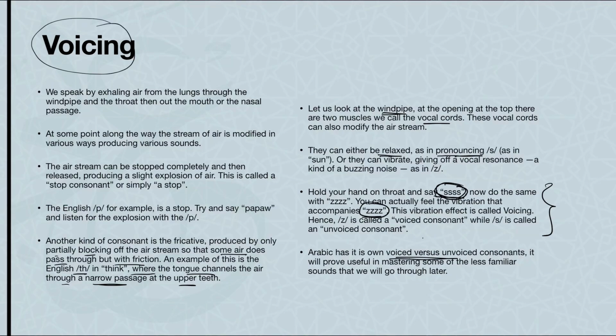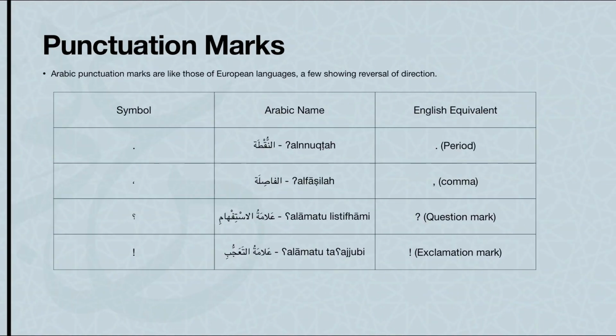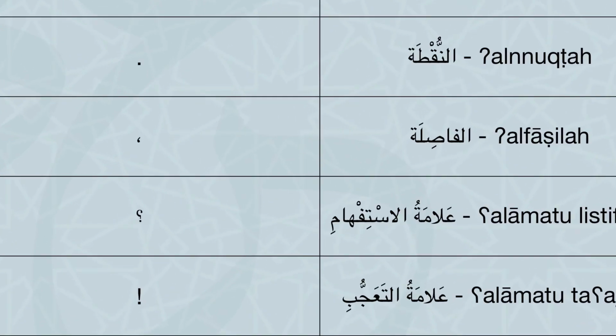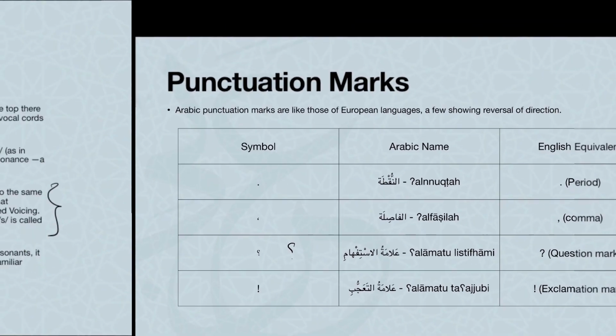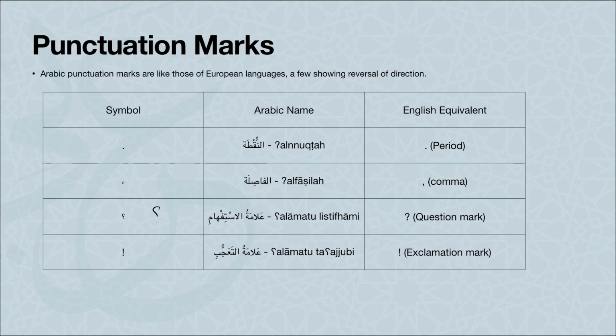Okay, so punctuation marks are almost trivial, but worth mentioning because there's something very important: our question marks are inverted because it's a right to left language. You're not required right now to know the names of them in Arabic because this is a very minor detail.